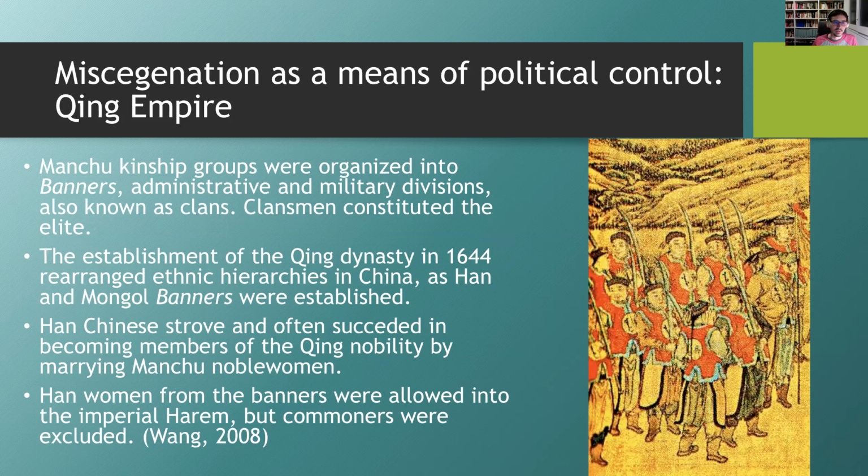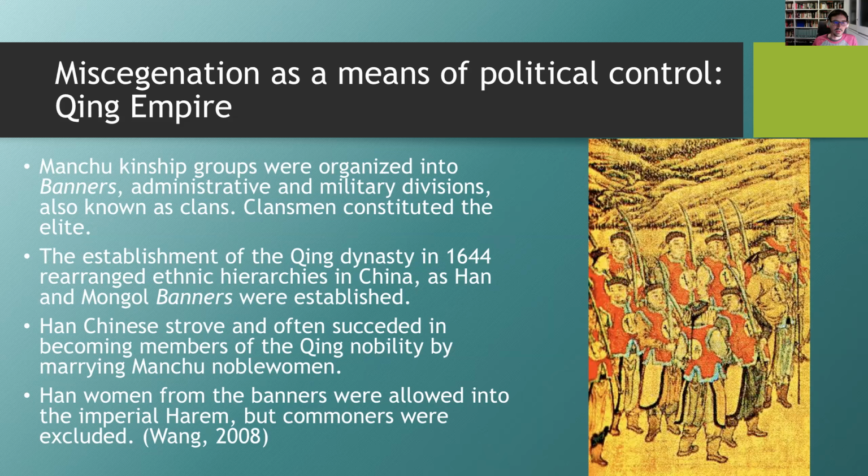So during this period, because the Manchu were the highest ranking nobility, Han Chinese constantly tried, and very often succeeded, in becoming members of the Qing nobility by marrying Manchu noble women, by marrying Manchu banner women.